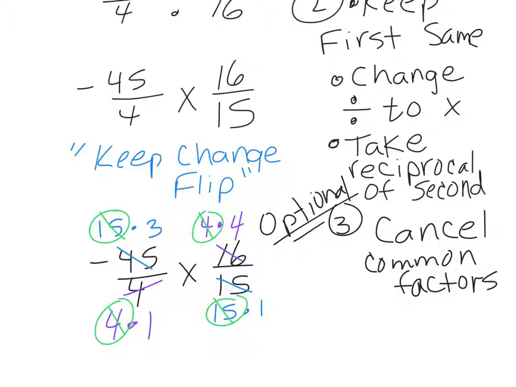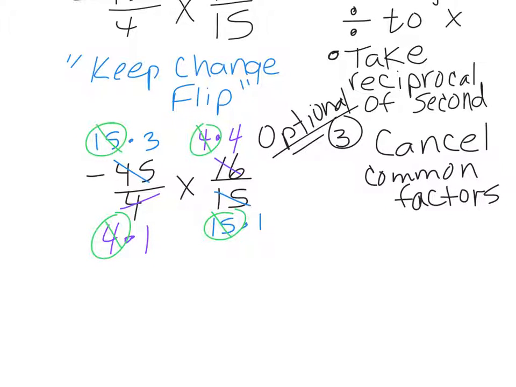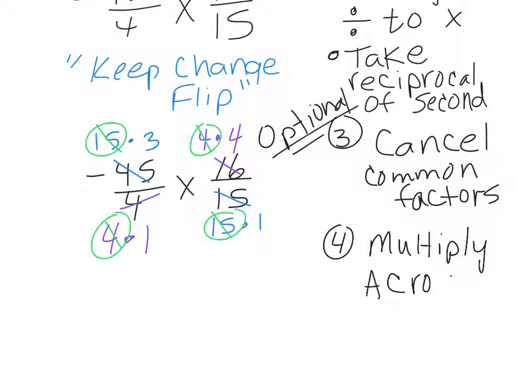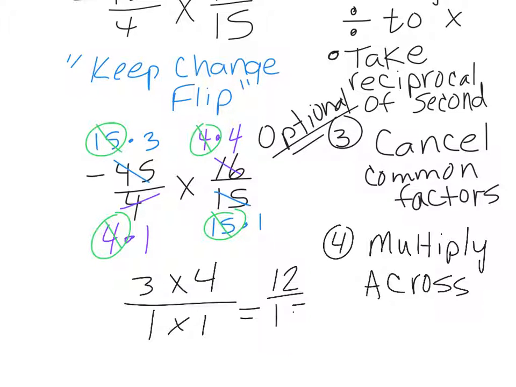You don't have to cancel, but man, look, it sure does make it easy now, because instead of having to multiply 45 times 16, now when I do step 4, which is multiply across, now I only have to multiply 3 times 4 in the numerator and 1 times 1. Man, that sure was a lot easier.